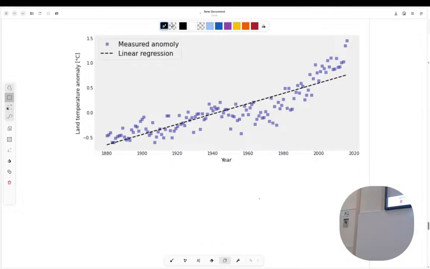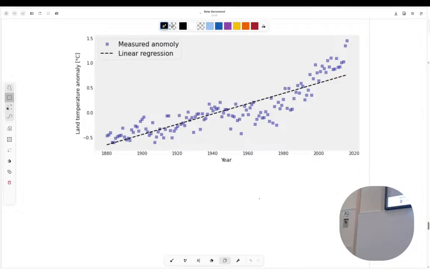All right. What do you think? But if someone showed you this, does it tell you something?